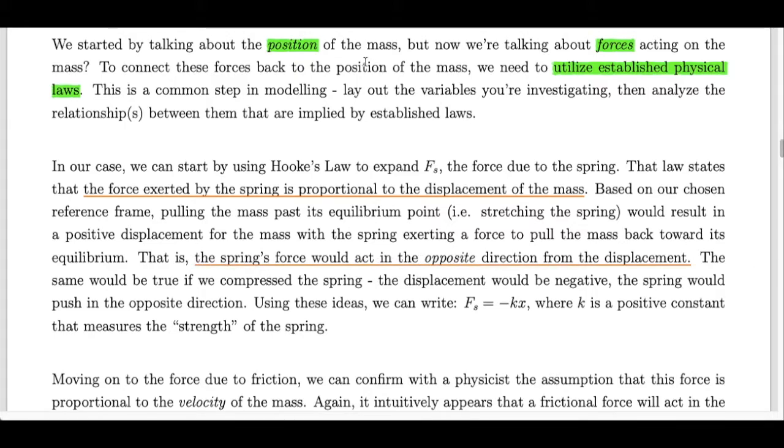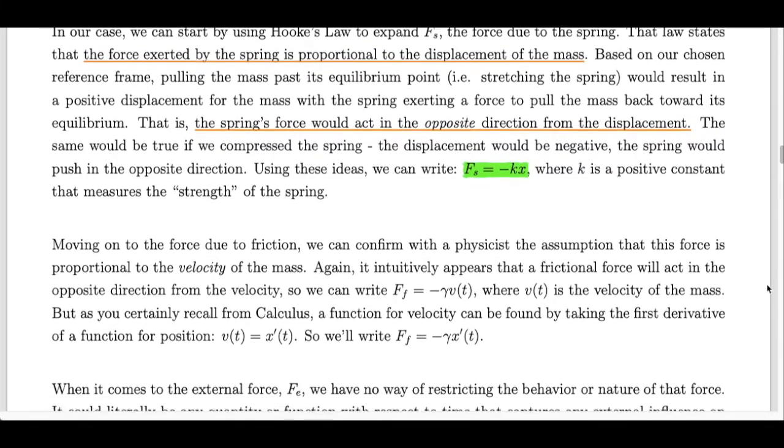This allows us to write our force due to the spring as negative k times x, where k is some positive spring constant that measures the strength of the spring. X is the displacement of the mass, and the product of those will give us the force that is being exerted by the spring.